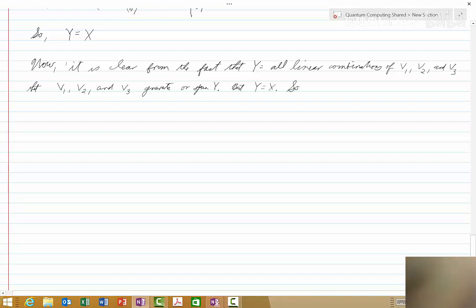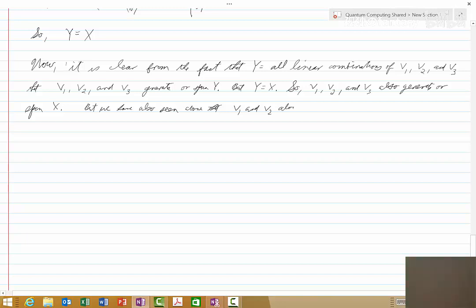So V1, V2, and V3 also generate or span x. But we have also seen above that V1 and V2 alone generate or span x.